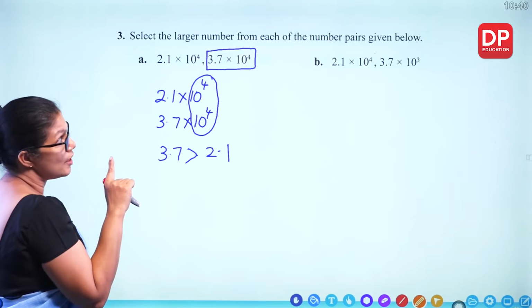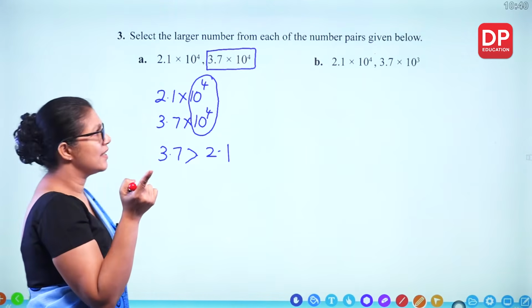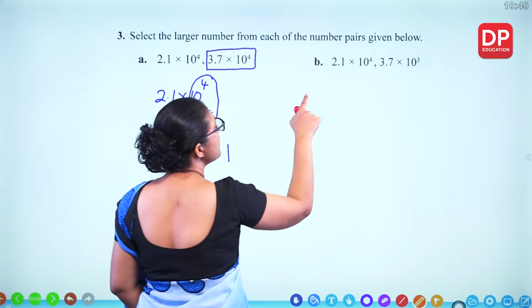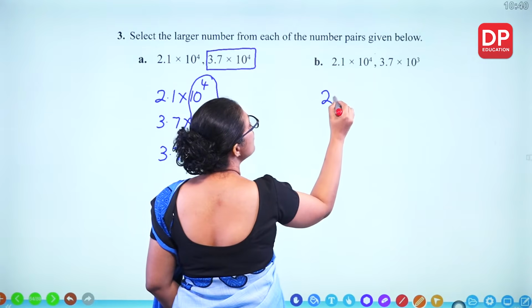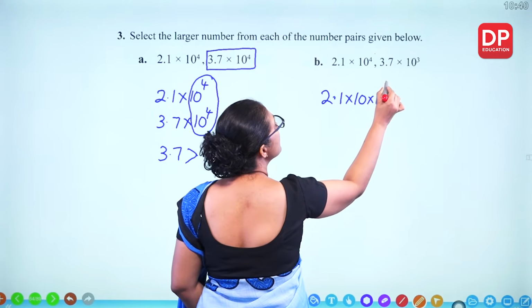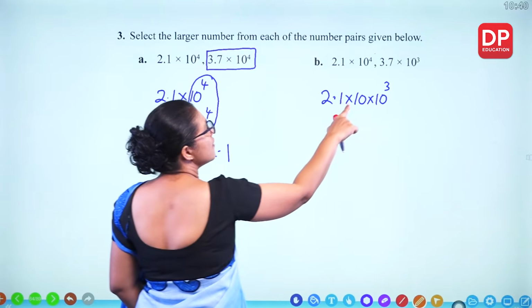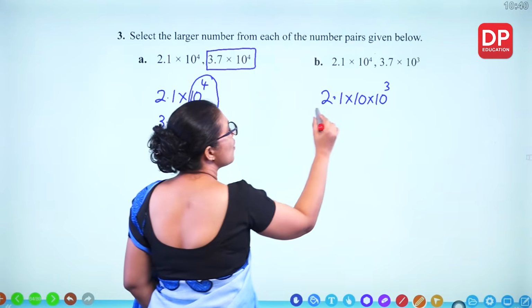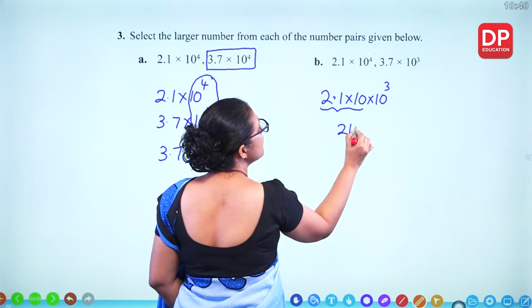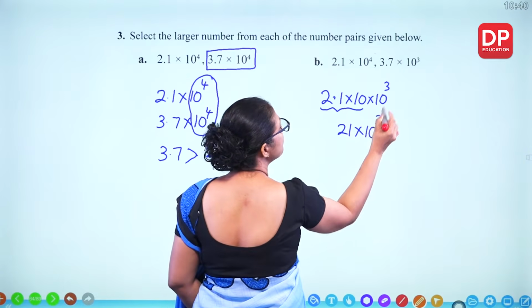This one, 10 to the power 4 and 10 to the power 3. Then you can't compare. So we'll make this one 10 to the power 3. So I can write 2.1 into 10 to the power 3. 1 and 3 becomes 4. Now what is this one? You get 21 into 10 to the power 3.